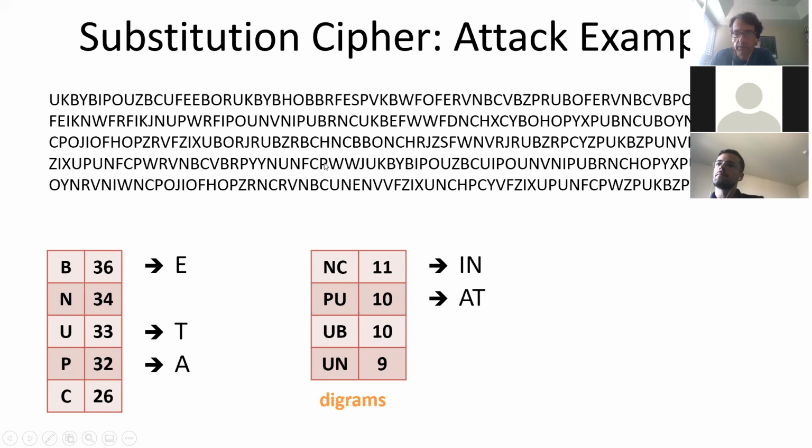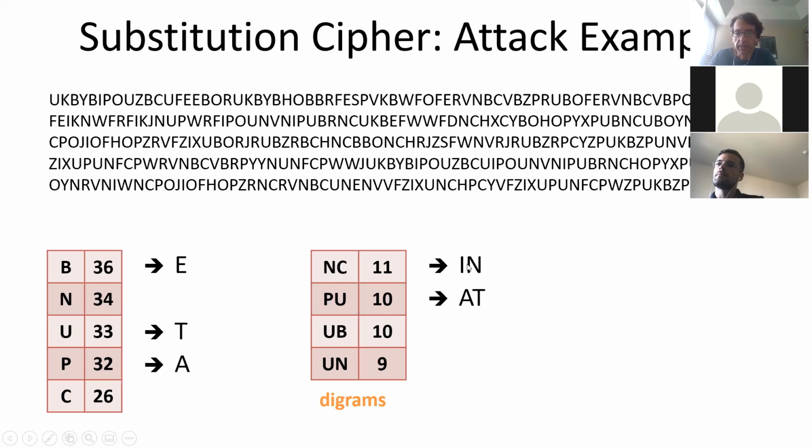Second level of attack is that I can also look at the frequencies of diagrams. And it does show that certain diagrams have high frequency in here, NC. So I'm guessing that these frequent diagrams correspond to frequent diagrams in the English language, like in, at.